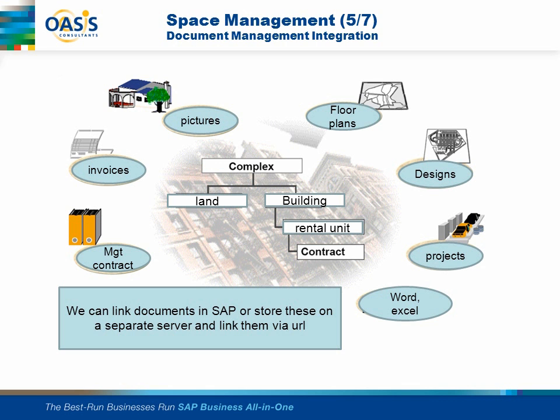Floor plans, designs, information on ongoing projects, Word documents, Excels, for example, but also contracts, invoices, and pictures. So on a complex, for example, a building, a land, or a rental unit, you can link a document together with that object. So when you open, for example, a complex, you will also directly see all those linked documents, and you can then open the invoice or the picture or the floor plan.